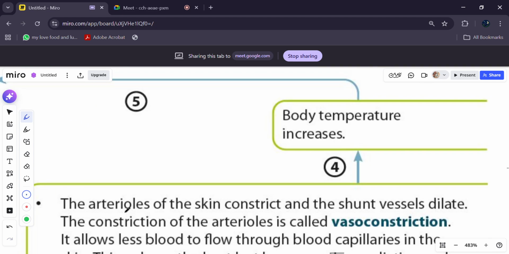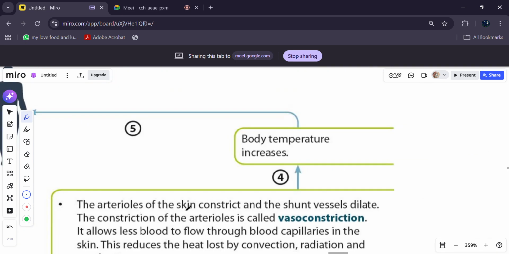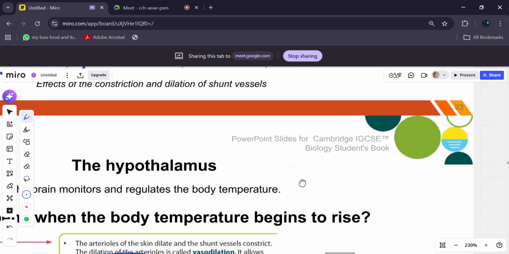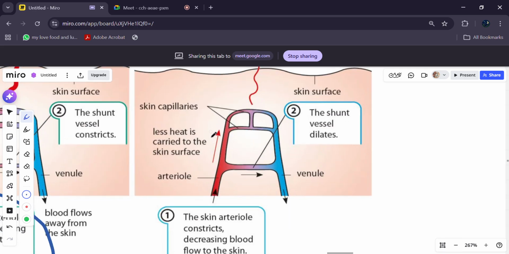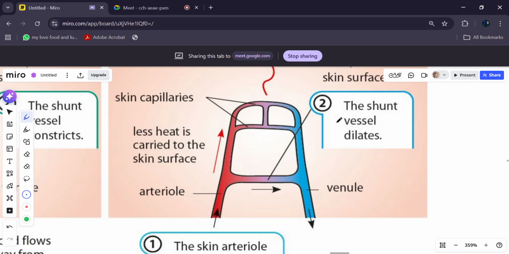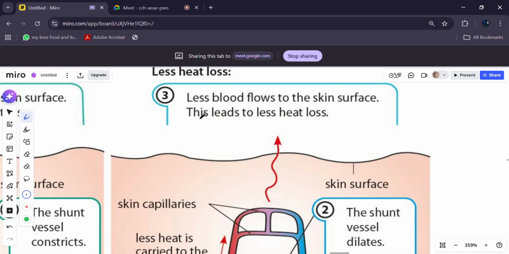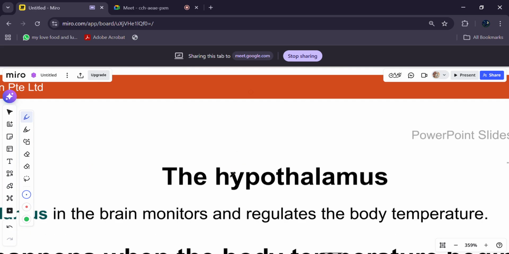So this time, the arteries of the skin constrict, and this is known as vasoconstriction. The arteries in the skin constrict, which decreases the blood that flows to the skin, and the shunt vessel dilates, allowing more blood to flow through here. So less heat is carried to the skin surface.